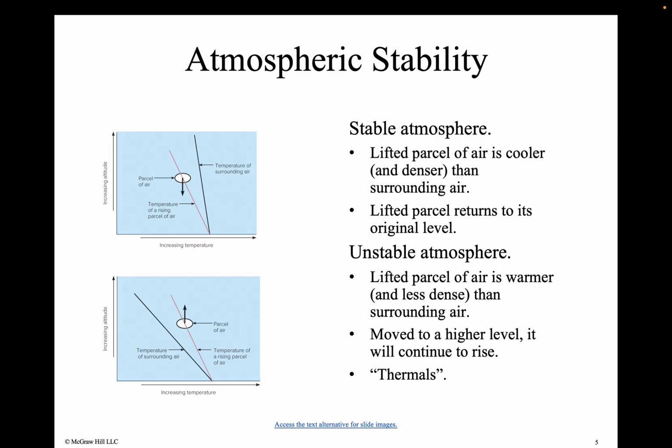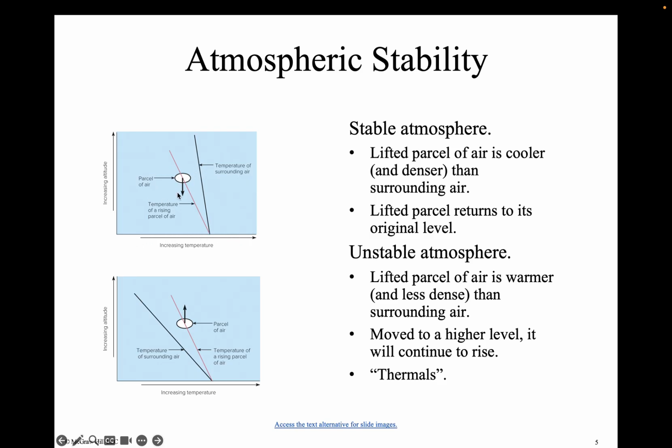In a stable atmosphere, what's going to happen is that this lifted parcel of air is cooler, and because it is cooler, this parcel of air is denser than the surrounding air. So this line is representing the parcel of air, and this line is representing the temperature of the surrounding air. As you can see, if you move to the right, this temperature increases.